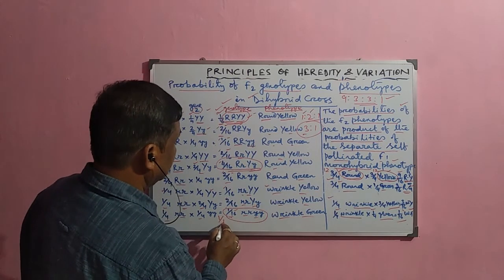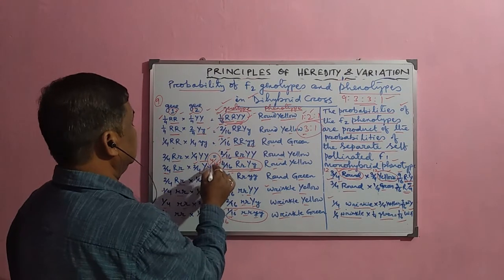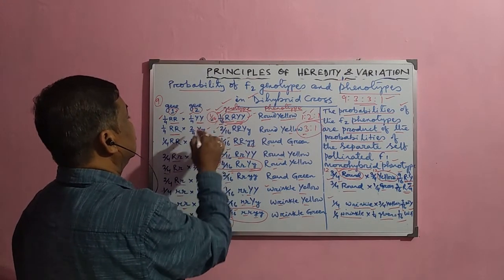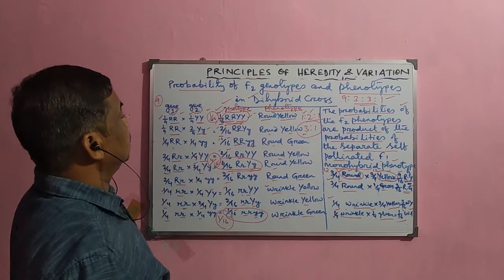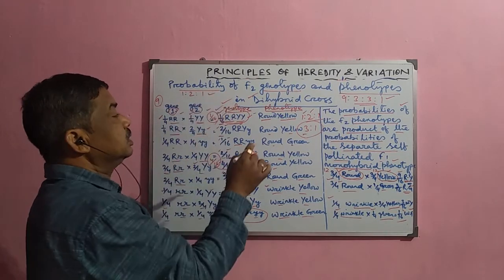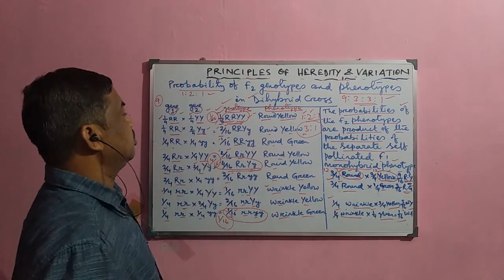So here 1/16, and here 4/16, and here 1/16. So here 1:2:1 genotype, which was there in the monohybrid, is now in the dihybrid also.